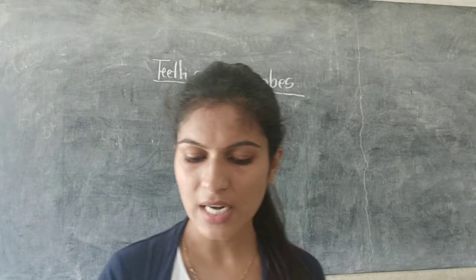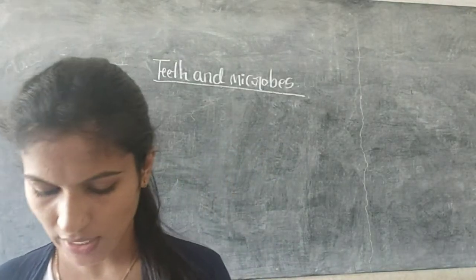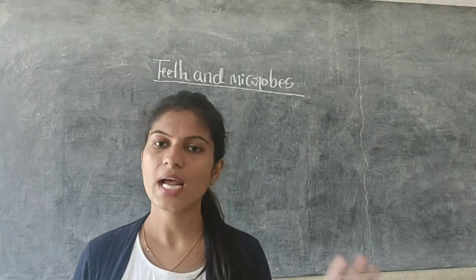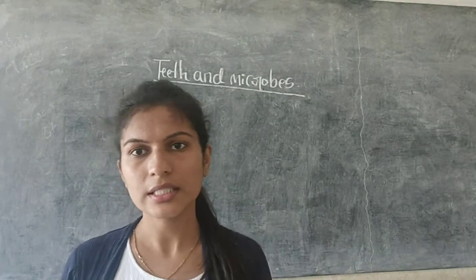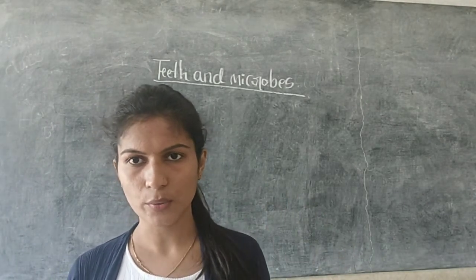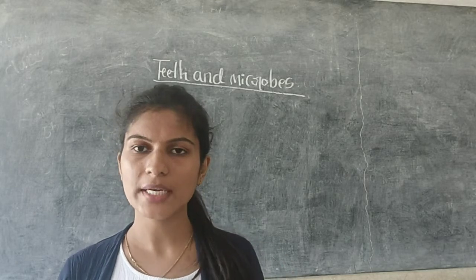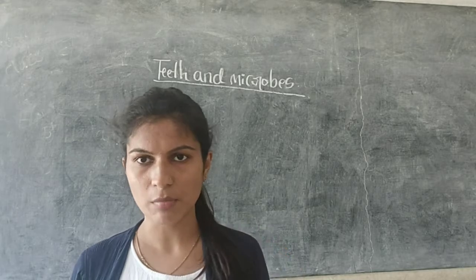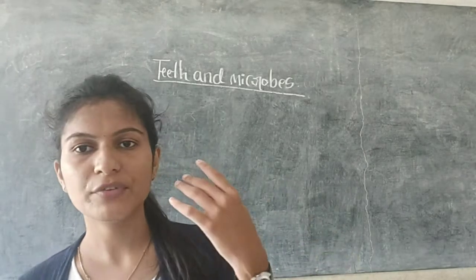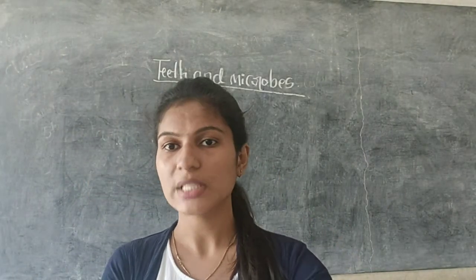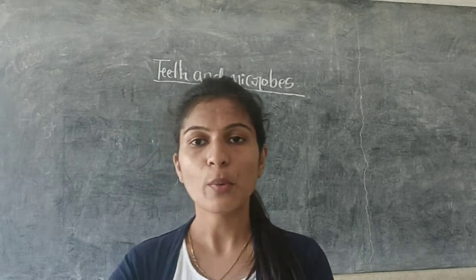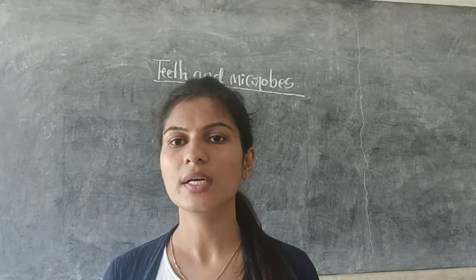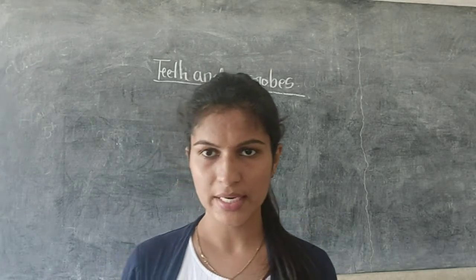We started this lesson in the previous class, and we learned about the teeth. An adult human has 32 teeth in the mouth. A newborn baby has no teeth, and after 2 to 3 years, 20 teeth start appearing, which we call primary teeth or temporary teeth.